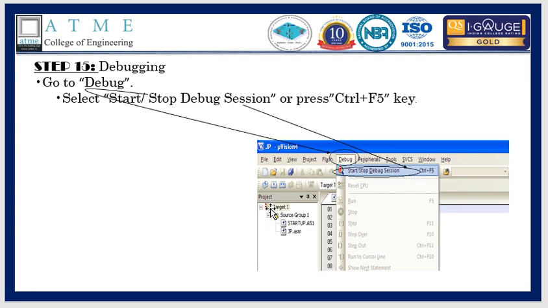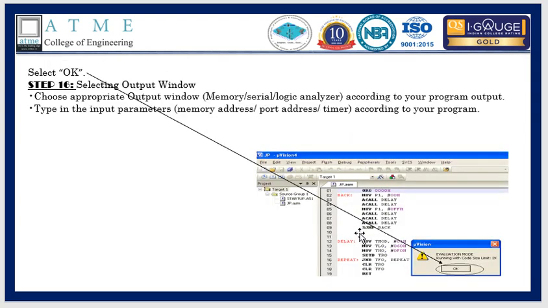To do the debugging of a program, go to the debug menu, and in that select the start stop debugging session. When you click on the start stop debugging session, then click on OK. And in step number 16, selecting an output window. How to select an output window?